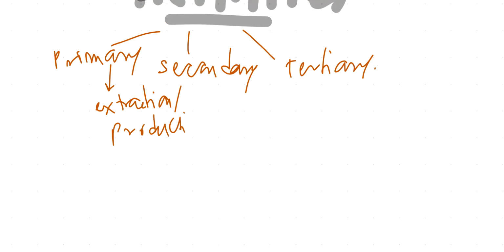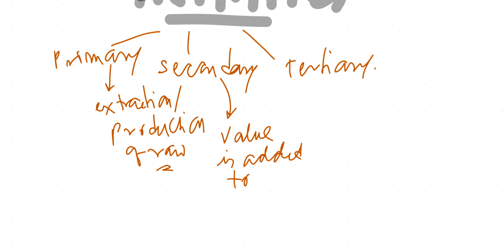Secondary activities are the type of activity in which value is added to raw materials to produce final goods.